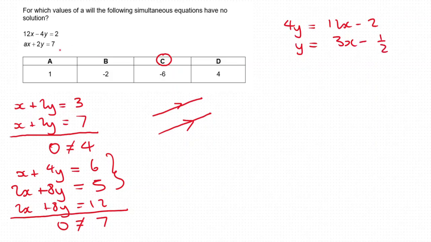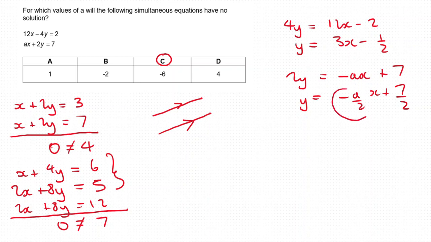And if I did the same to the other one, I'd be getting 2y equals negative ax plus 7, and therefore y equals minus a over 2 x plus 7 over 2. And therefore, what I can see is that for no solution, I want this gradient to be equal to that gradient. So therefore, minus a over 2 equals 3. That would give me a is, again, minus 6.